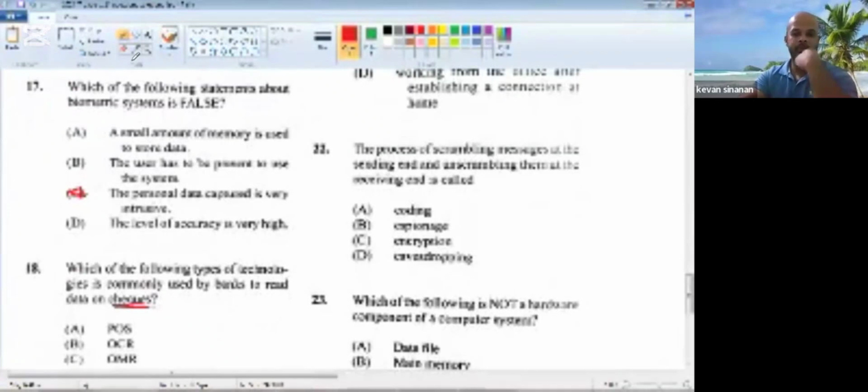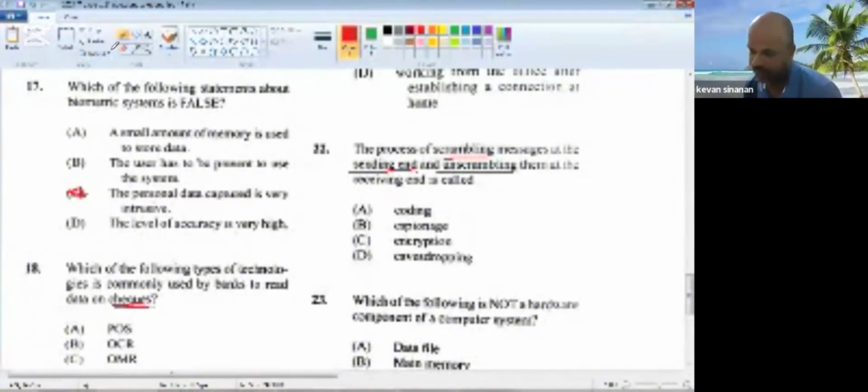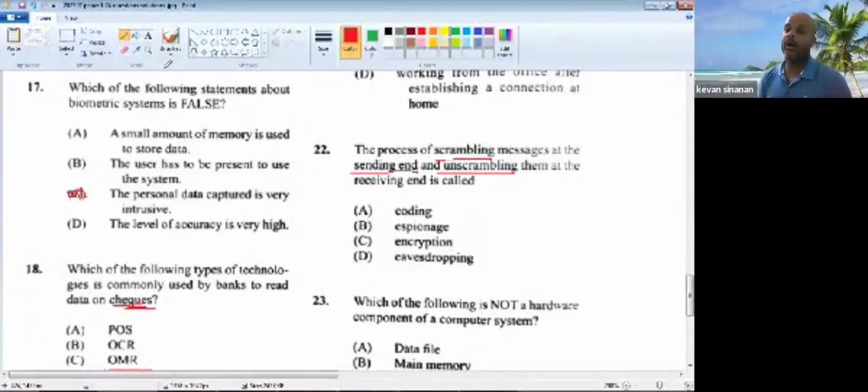22, the process of scrambling messages at the sending end and unscrambling at the receiving end is called. So when data is scrambled, it is encrypted. In computer terms, scrambling messages is another name for a process called encryption. And when you unscramble that information, that is also another way of saying decryption.